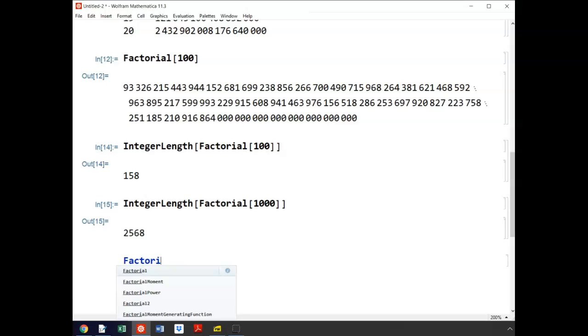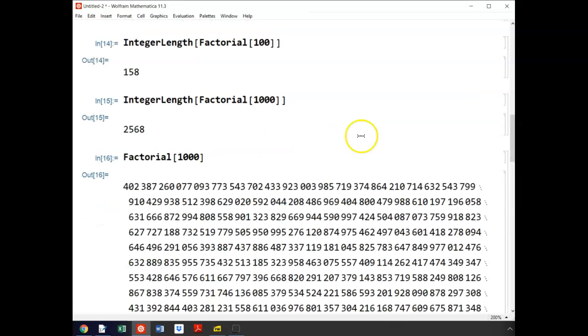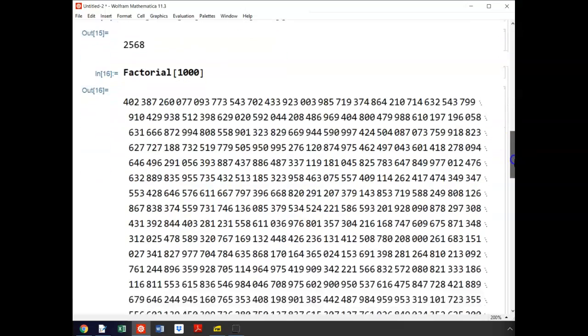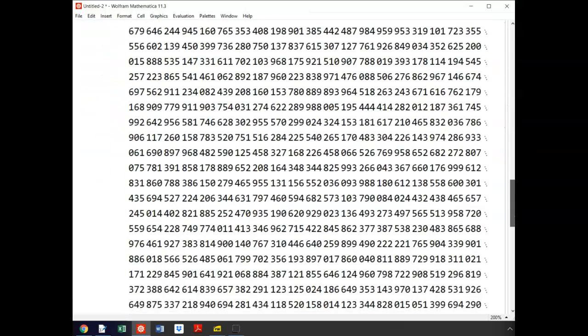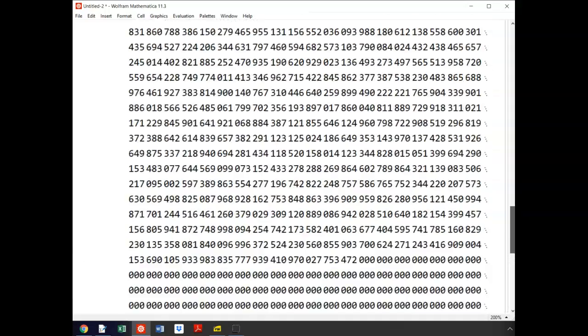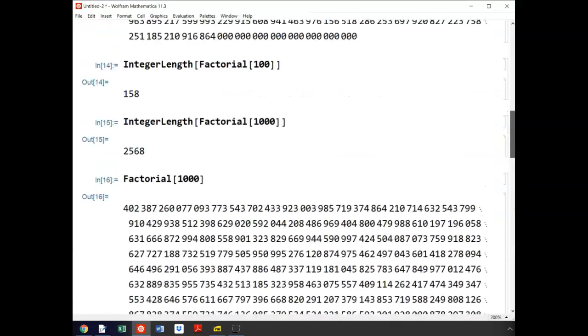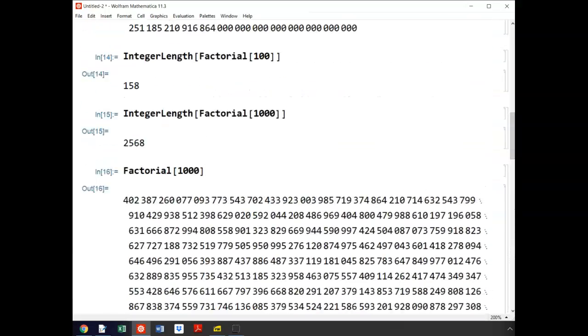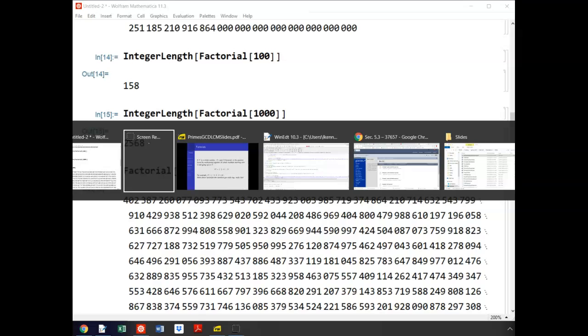And just so you can see that number displayed, 1,000 factorial, here it is. It takes up so many lines. But again, that's 2,568 digits just in that number. So factorials get really, really big, really fast, as you were just seeing.